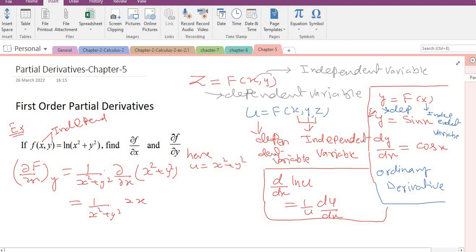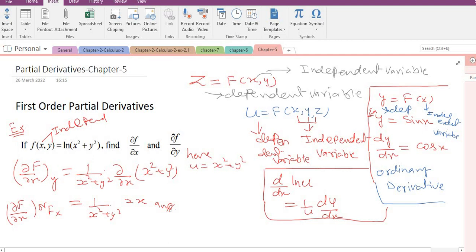This is your del f del x, the derivative with respect to x. We can write del f del x, or we can write f of x, is equal to this. This is the answer to that question.